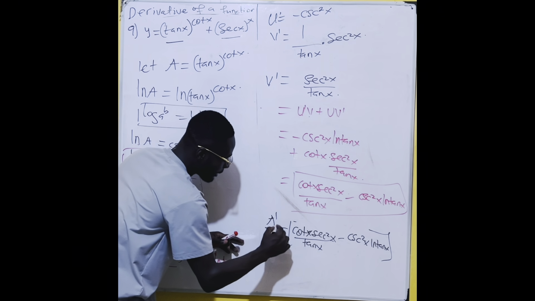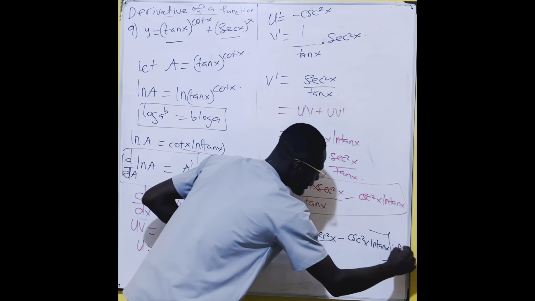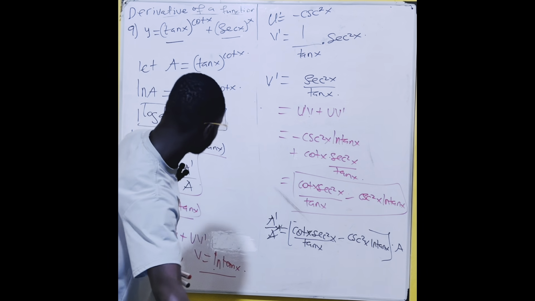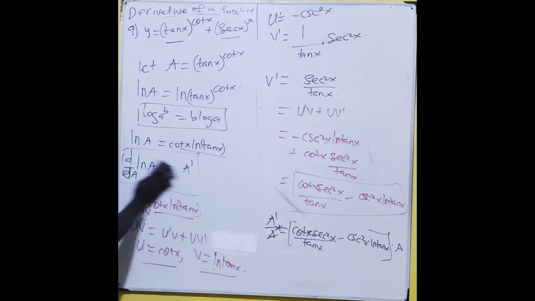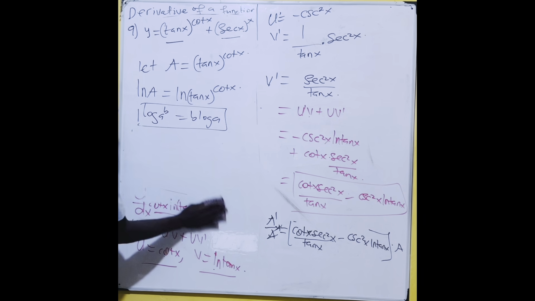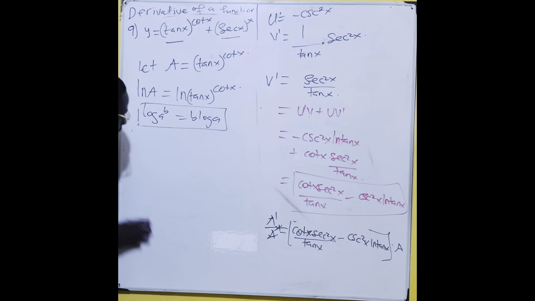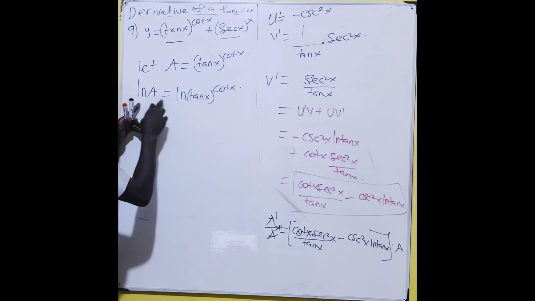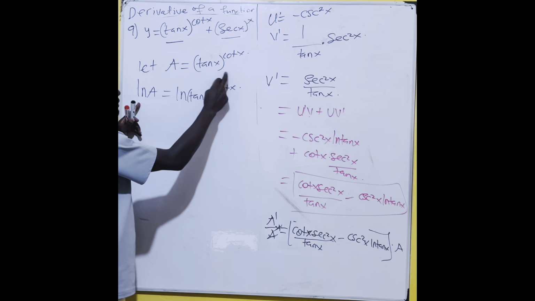Then we multiply here by a, multiply here by a, and this cancels this, right? But from the beginning, we said that a should be equal to this.